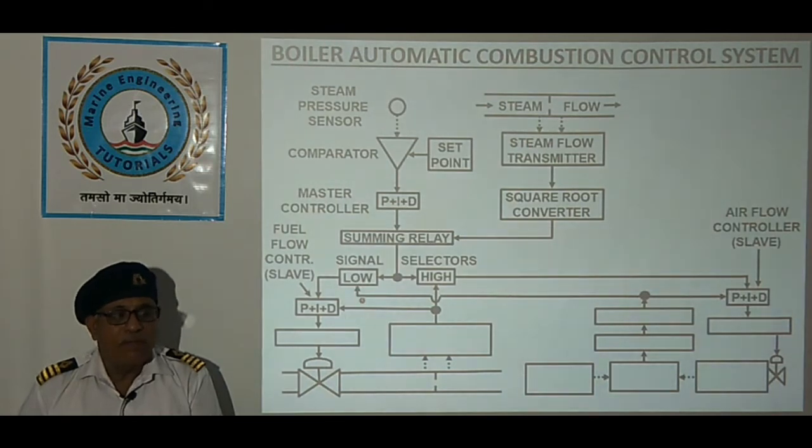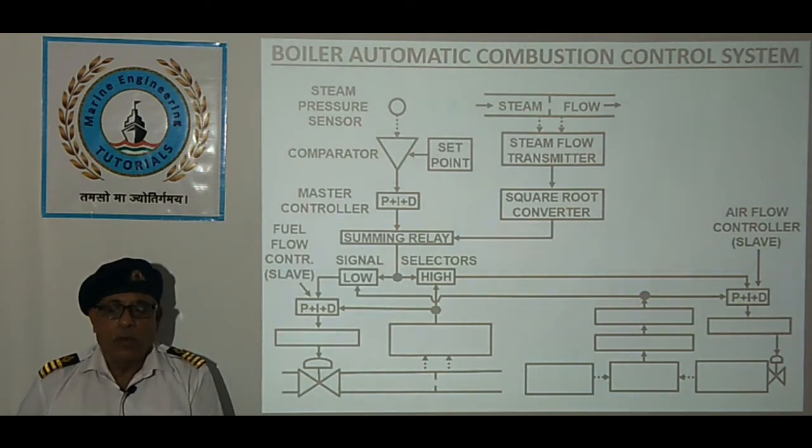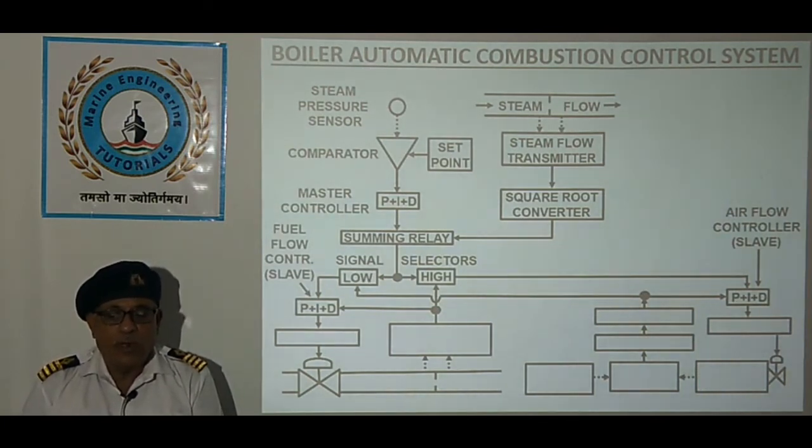Then we have low and high signal selectors, which are used to increase the air first in case of increasing load and reduces the fuel first in case of reducing load. Master controller sends its output signal to the slave controller through high and low signal selectors.